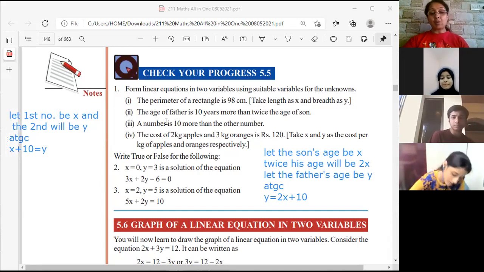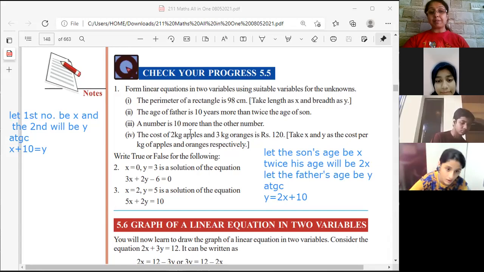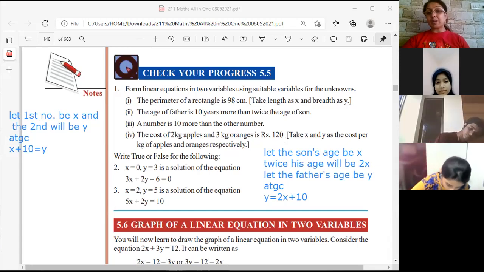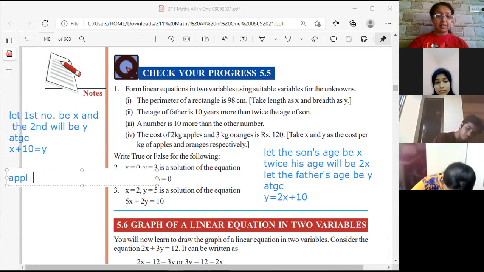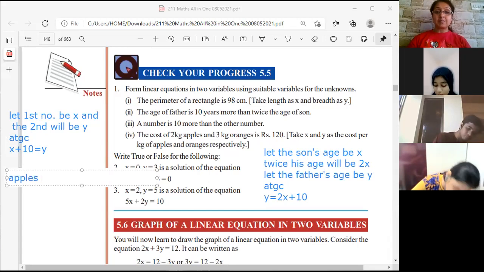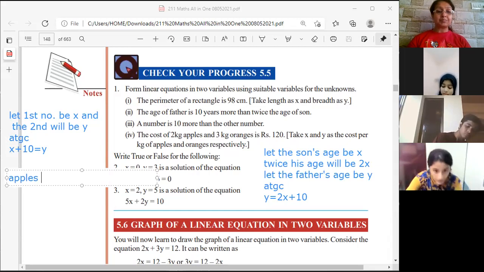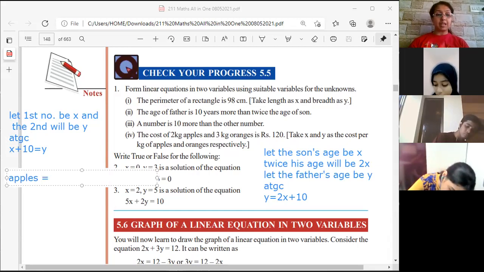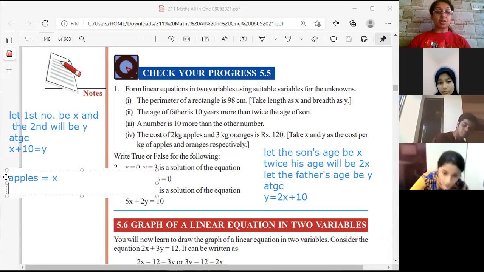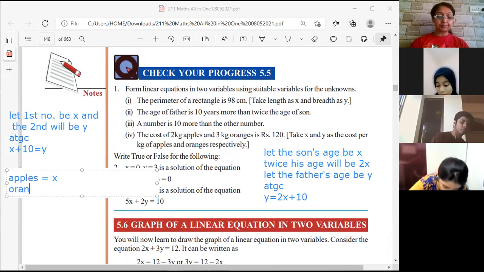Now here see what they're saying. The cost of 2 apples and 3 oranges is 120. Take x and y as the cost of apples and oranges respectively. So they have already told me apples is going to be x. So I will very quickly write, let the cost of apples be equal to x and the cost of orange be equal to y.